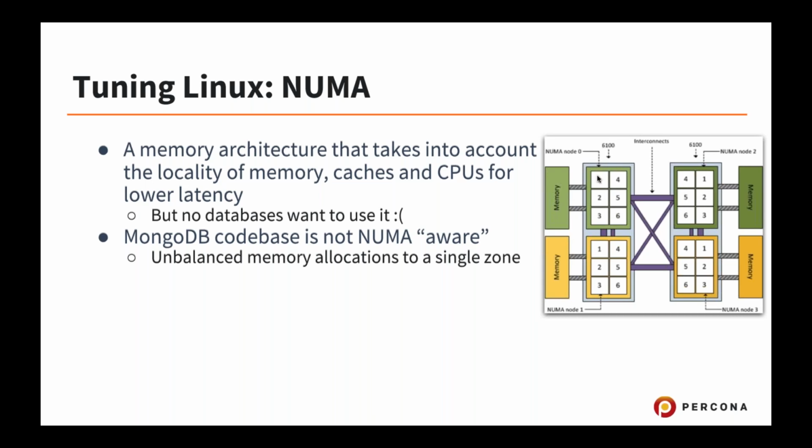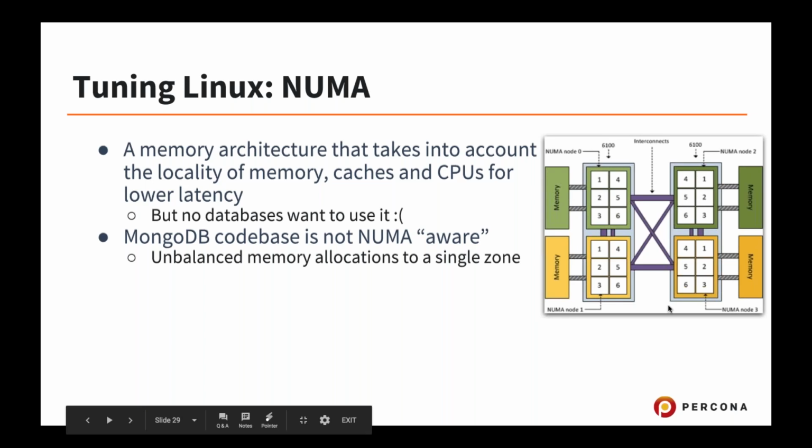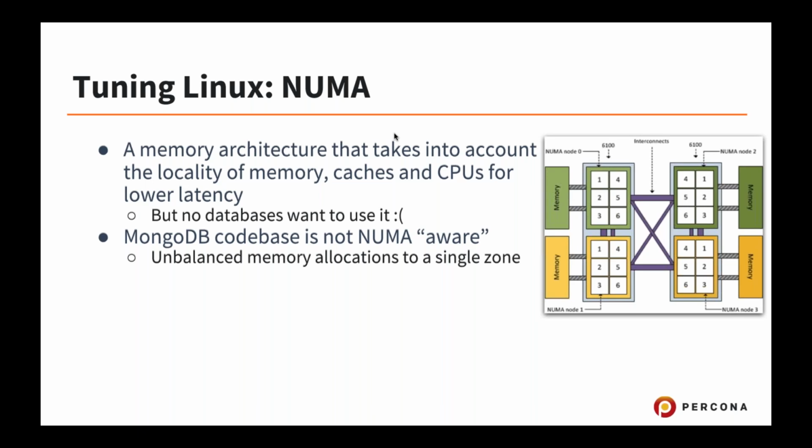Mongo and NUMA working together is going to allocate all the memory blocks to basically one node of the NUMA piece, and you can probably see how that's not going to perform well, because if your connection lands on any of the other CPUs, they have an expense to cross over to the other side.